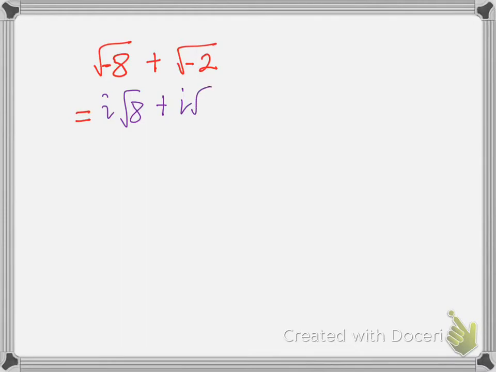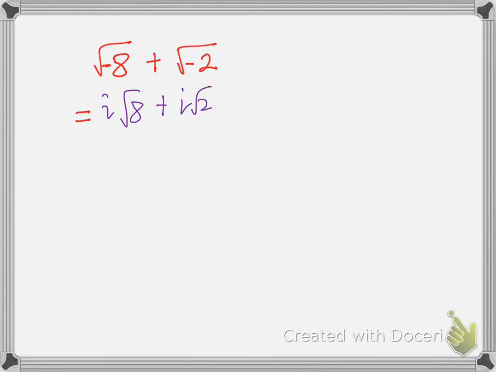If you have the square root of negative 8 plus the square root of negative 2, first we use the letter i, because we take the square root of a negative number: i times radical 8 plus i times radical 2.